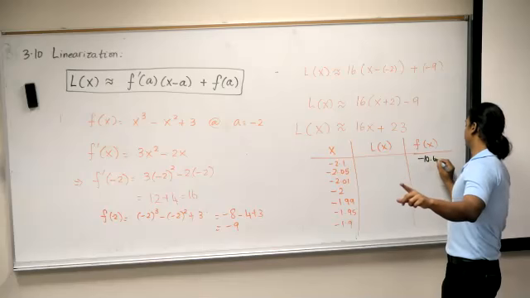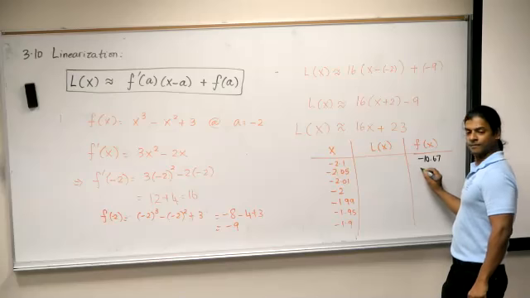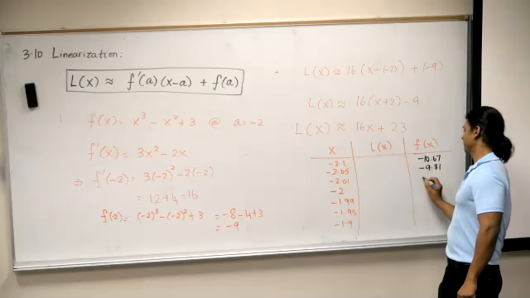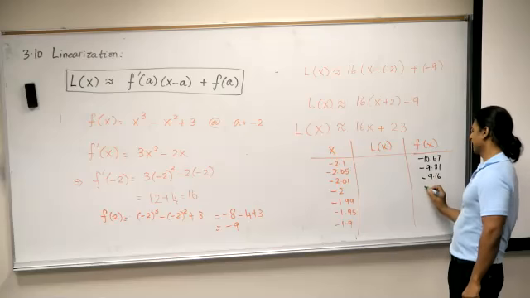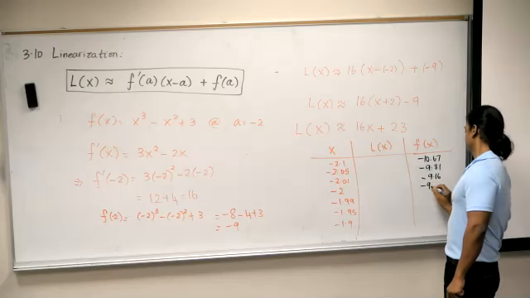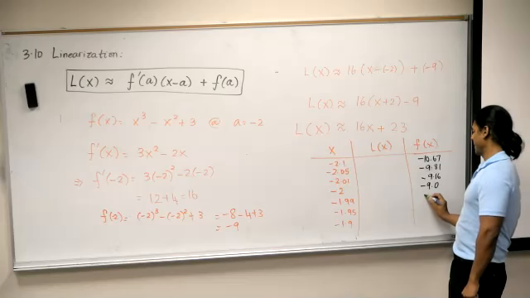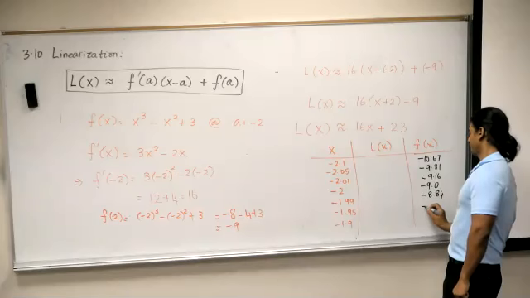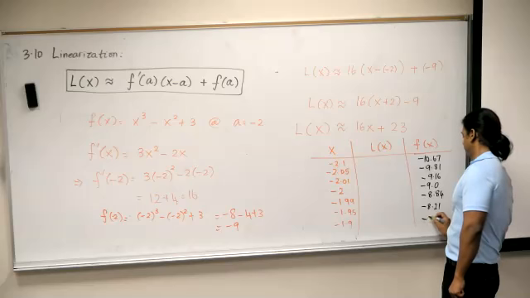To two decimal places: negative 10.67, negative 9.81, negative 9.16, negative 9, negative 8.84, negative 8.2, negative 7.46.